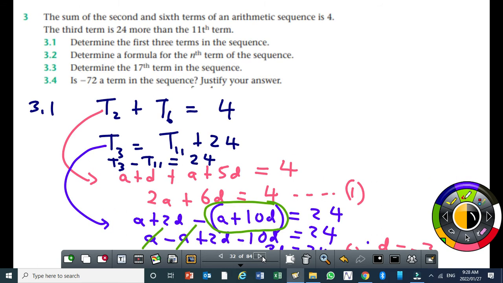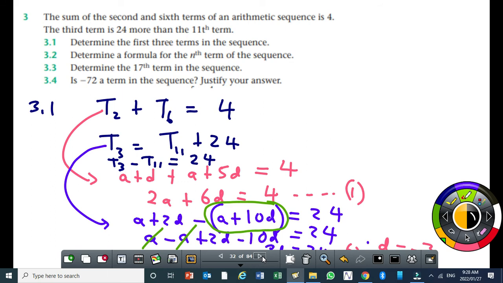The second question is actually a repetition of everything I did in question 2. The question says the sum of the second and the sixth terms of an arithmetic sequence is 4. So T2 plus T6 is 4.